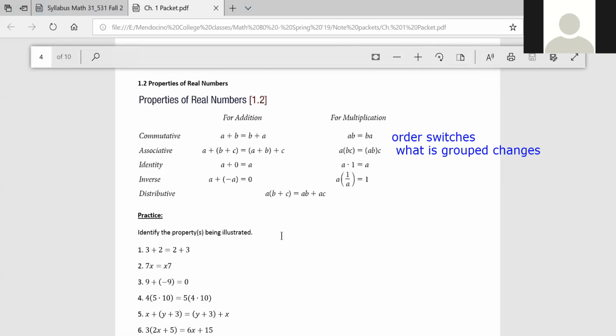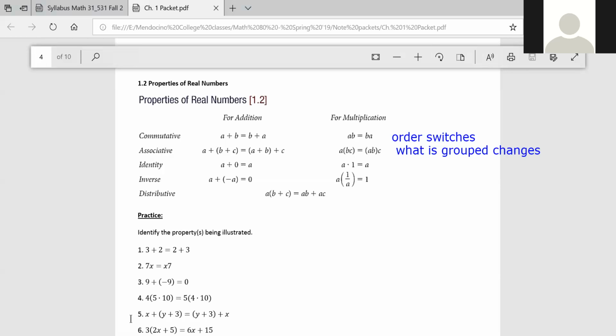I'll give you a tricky question then. Oh, okay. Number 5. What do you think? What property is being illustrated with number 5 down here? Associative. Why do you say that? Because everything's the same, but just the grouping changed.